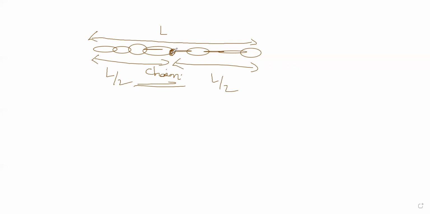And now the center of mass is located exactly at the center of the chain. So if the mass of the chain is m, the entire mass appears to be concentrated at the center of the chain. Did you get this idea?